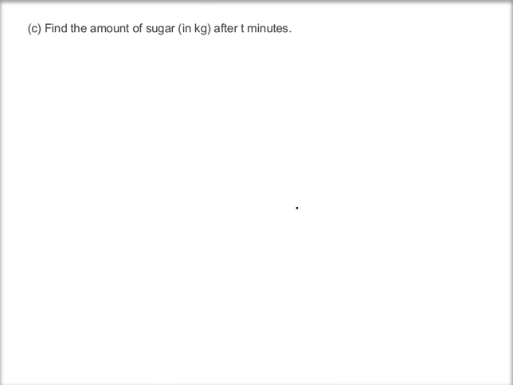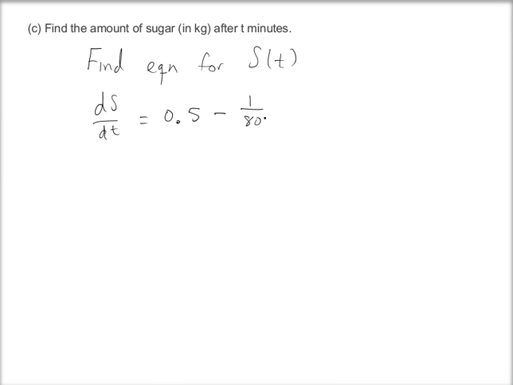So next, we want to find the amount of sugar in kilograms after t minutes. So we want to find the equation for S of t. We had our differential equation, dS over dt is equal to 0.5 minus 1 over 80 S. And this is a separable differential equation, so we can solve it.